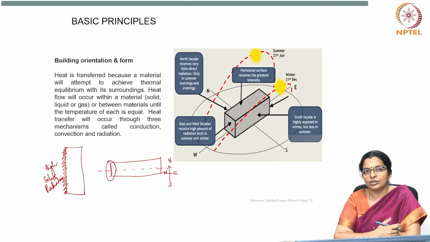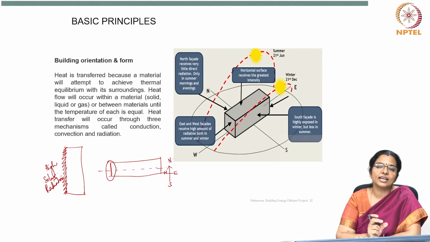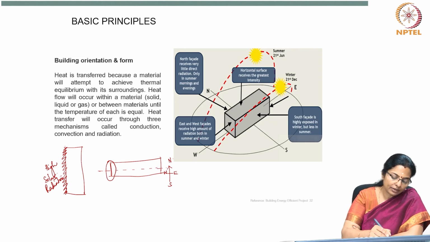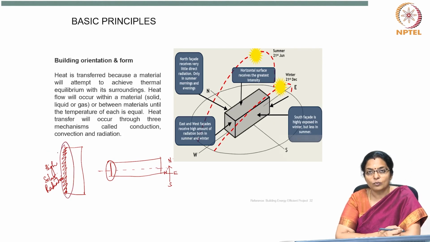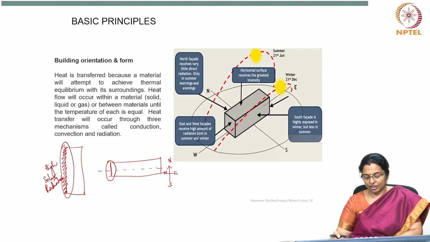If you have windows, you will have convection and you will also have radiation. So, if we combine building material and orientation, you can imagine how much heat gain will happen through the longer facing wall along the west direction.